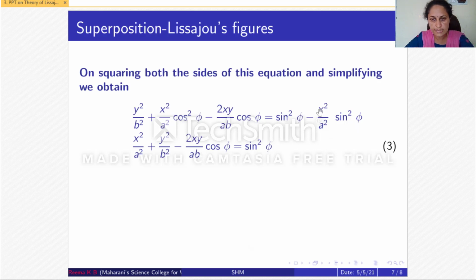So bringing minus x square divided by a square times sin square phi to the left hand side, we get x square by a square times cos square phi plus sin square phi, where cos square phi plus sin square phi becomes equal to 1. Therefore, only x square by a square remains. Therefore, this expression can be written as x square by a square plus y square by b square minus 2xy by ab times cos phi, which is equal to sin square phi. Let me represent this by equation 3.